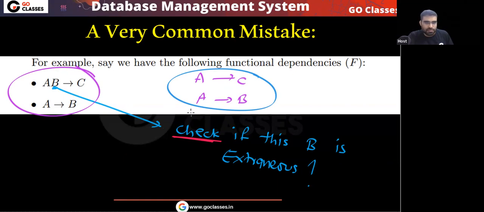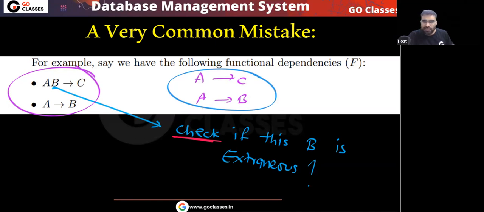In this particular example it works, that you first remove and then check. But anyway, in this example it is working, but it is a mistake.